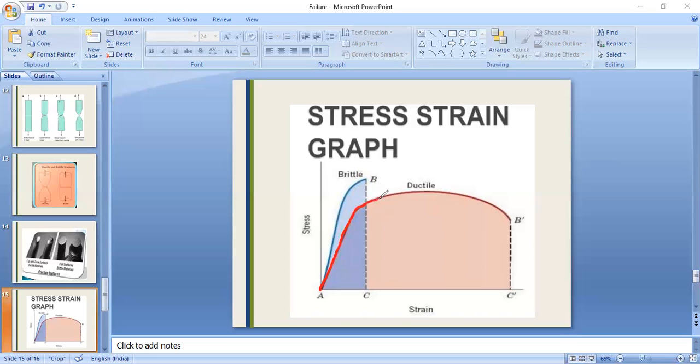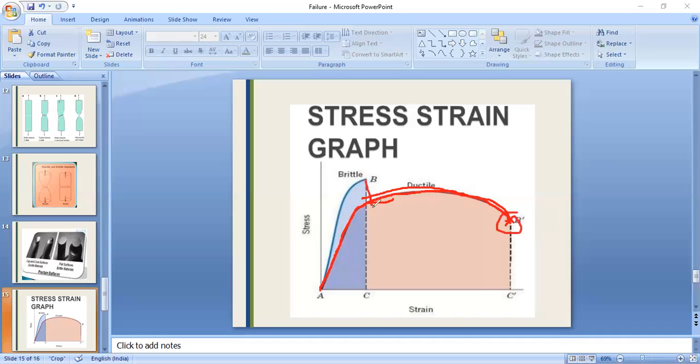Here the material is plastically deforming. It is elongating or extending for some time. So it is giving clear information that the material is deforming. This is the final state. At this point, the material will fracture.